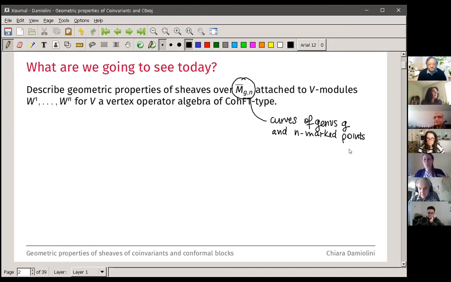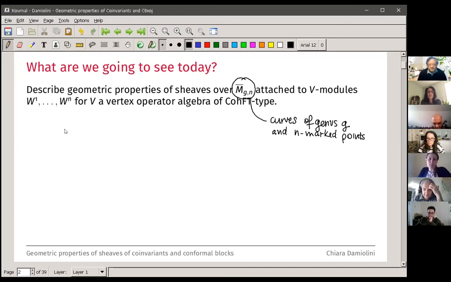A way to produce bundles is to start with some representation theoretical input, which is, in this case, modules over a vertex operator algebra of CohFT type. I will say in a second what I mean by this.